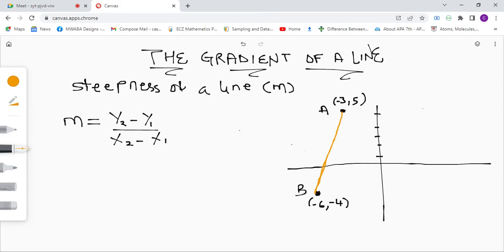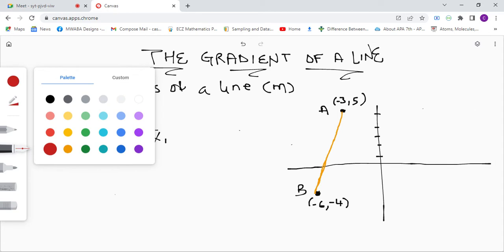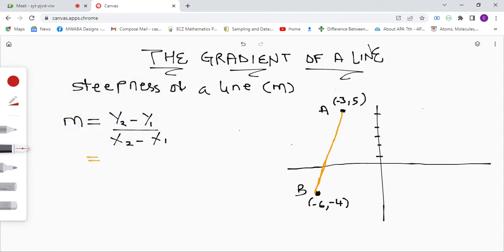As always, we're going to choose our x1 and our x2, and our y1 and our y2. So let's say here we'll say x1, y1, and point B will have x2 and y2.